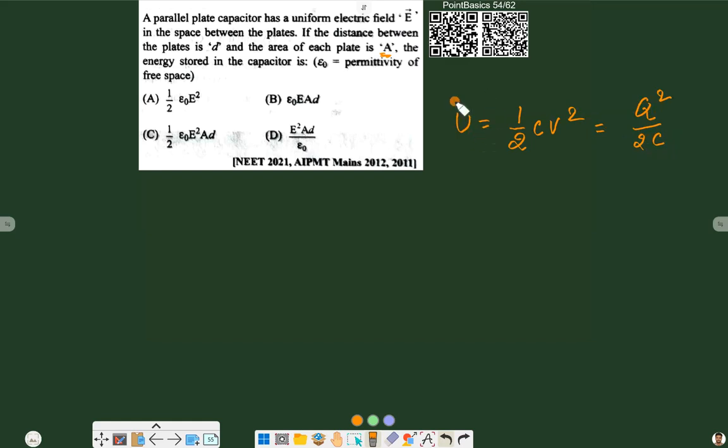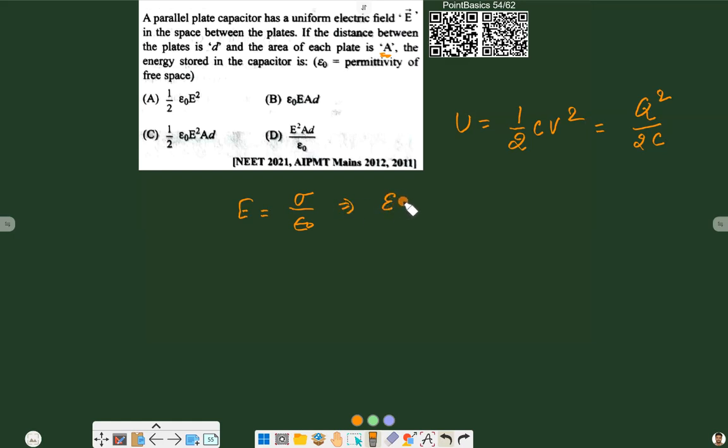Now we have to convert this energy in the form of electric field, epsilon, area, and these kind of things. So we have to substitute charge here, and we have to substitute C also. Now as we have to include electric field here, so first value of electric field between the plates of a capacitor is given by sigma by epsilon naught, where sigma is areal charge density.